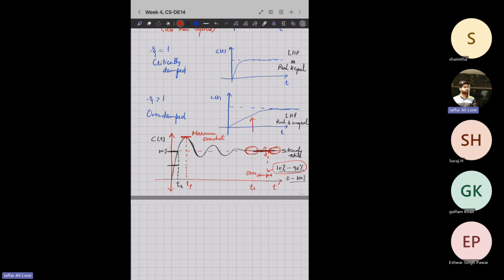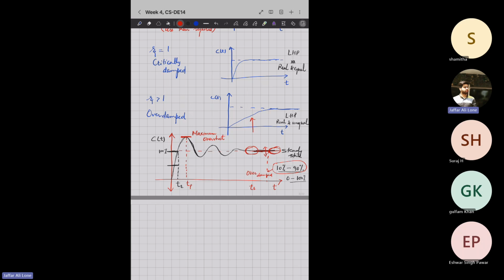Now in your lectures, you must have learned the expressions for finding these parameters. One important thing: when you have these values, rise time, peak time, settling time, overshoot, you should be able to characterize the system.